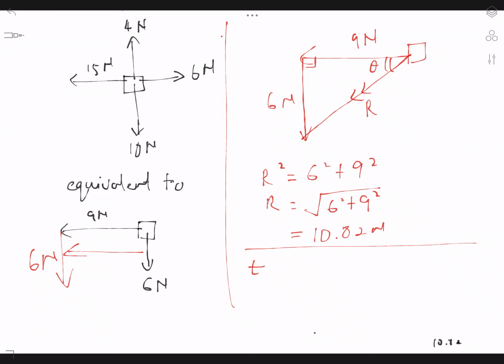So tangent theta is equal to 6 Newton divided by 9 Newton. So theta is inverse tan of 6 over 9. So use your calculator.